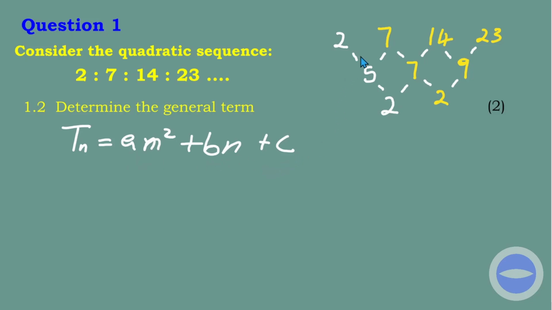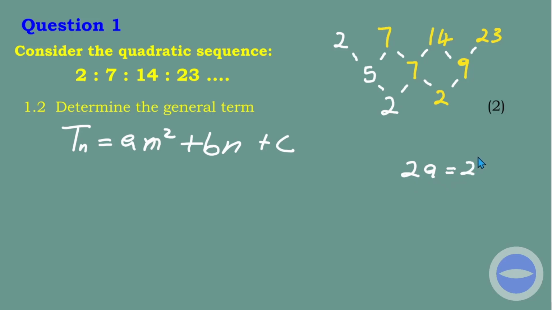So this is the sequence. The simplest way of finding the values of a, b and c is to memorize the following equations. Equation number 1, you just have to memorize. I'm not going to show you how it was found, but I will write it down and show you how they work. So 2a is equal to the second difference.